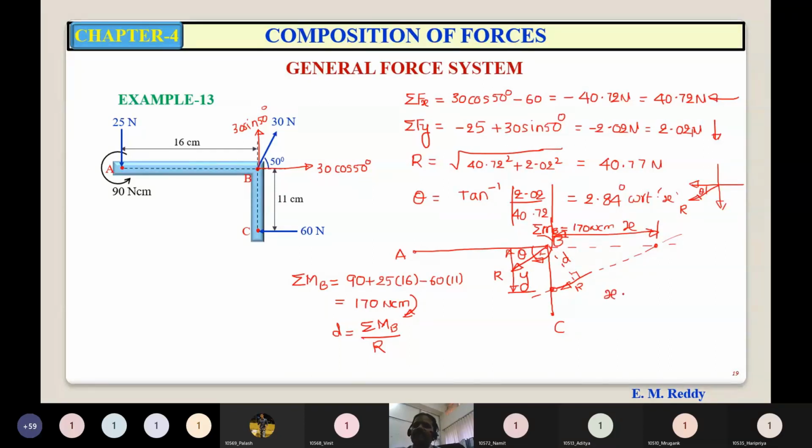So X is given by moment, summation MB upon summation Fy, whereas Y is equal to summation MB upon summation Fx.